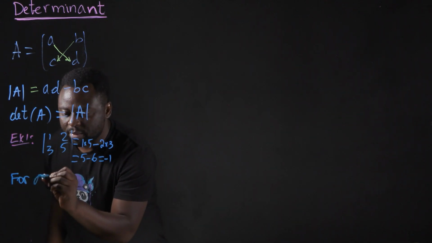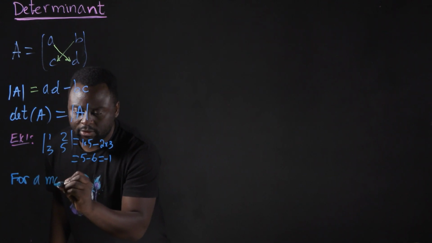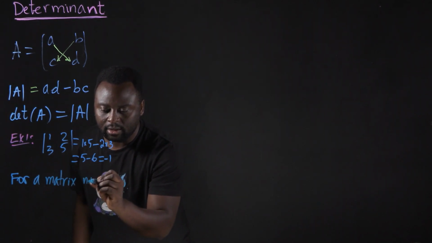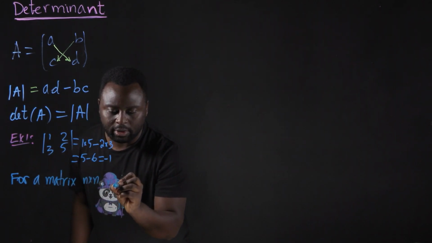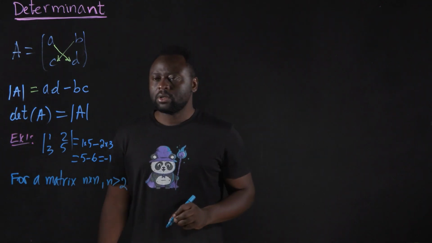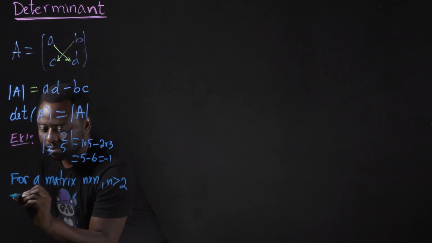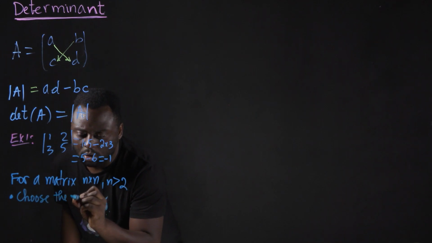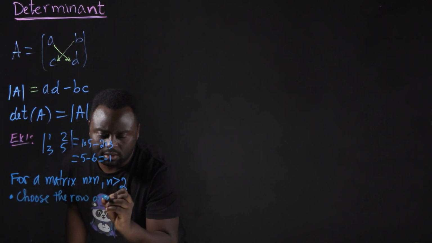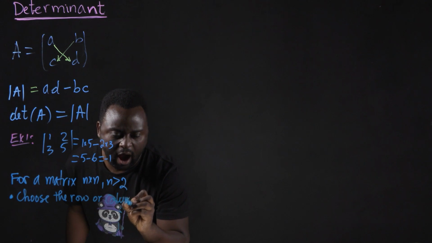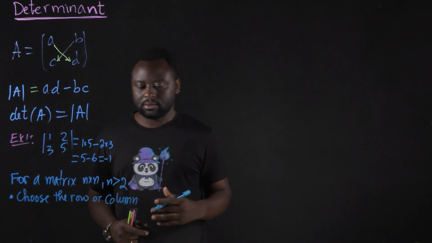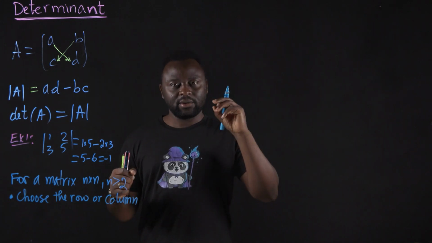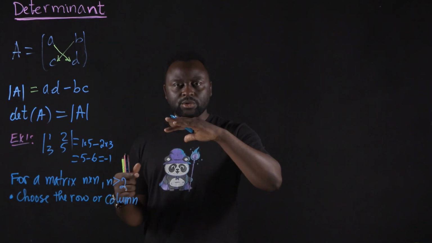If I say for a matrix with the dimension n times n, with n greater than 2, we have to follow these steps. The first step consists of choosing the row or column that I want to use to expand the matrix, okay? So we fix the row or the column that we want to use to expand the matrix.